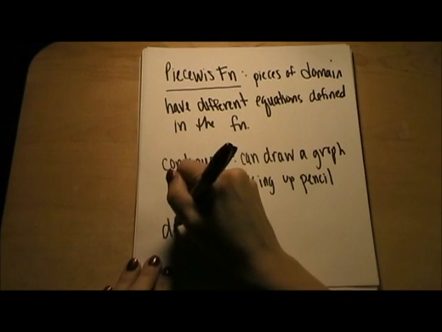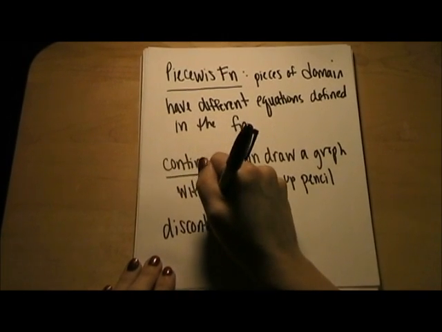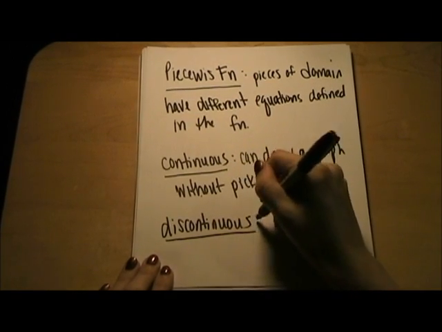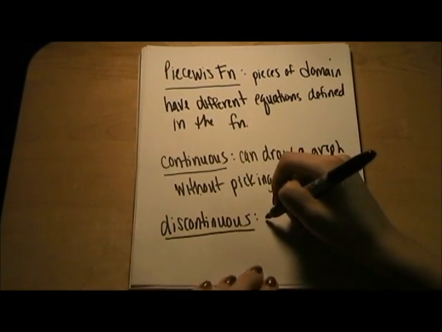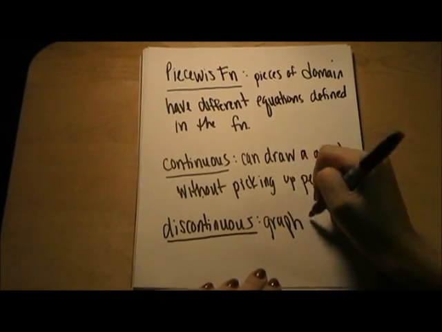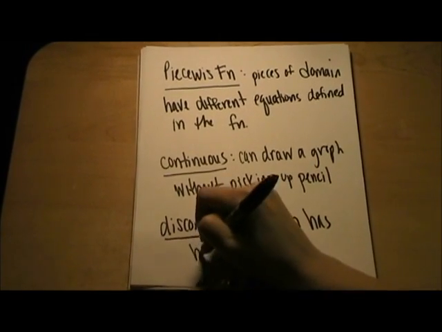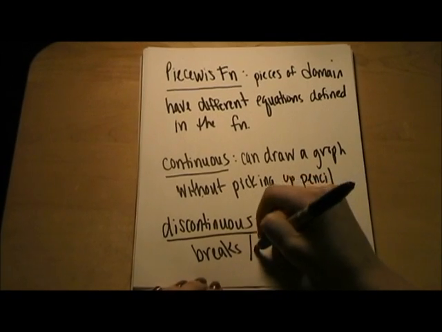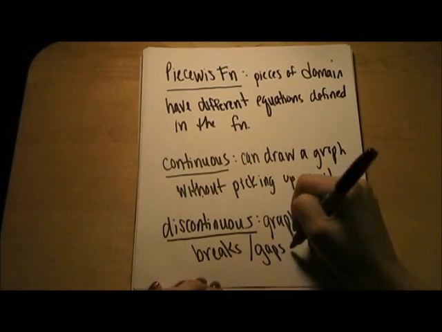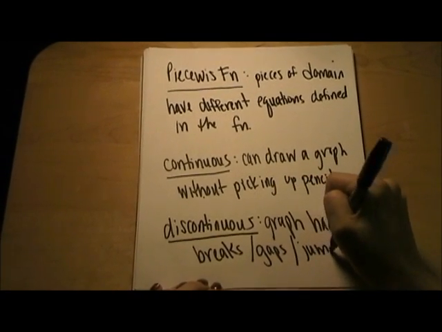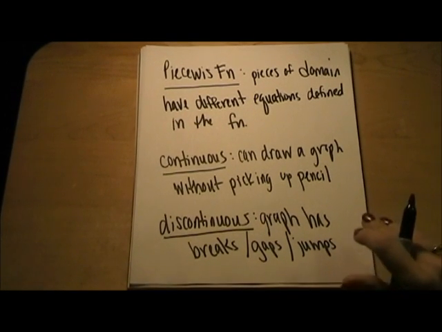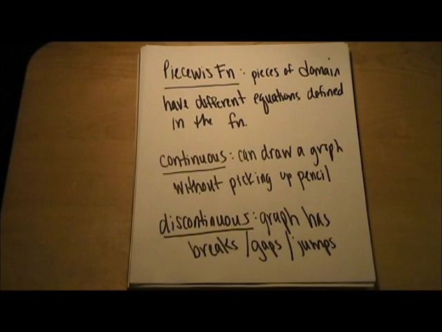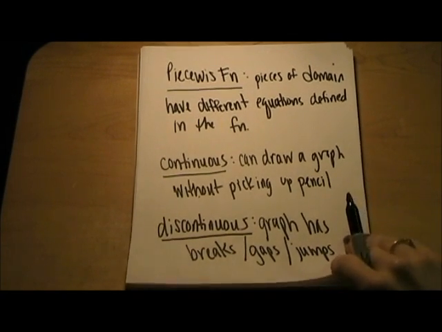Versus discontinuous. Discontinuous means the graph has breaks or gaps or jumps. So in other words, discontinuous if you have to lift up your pencil at any time to complete the graph.